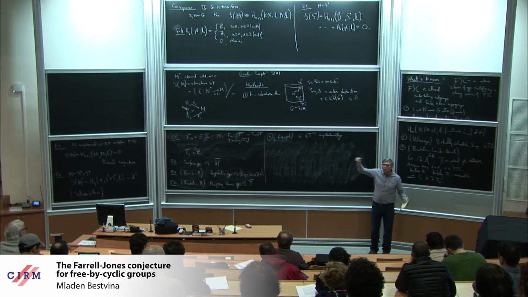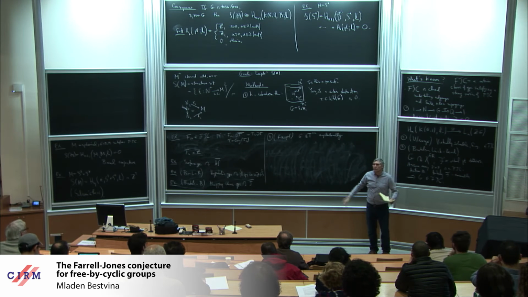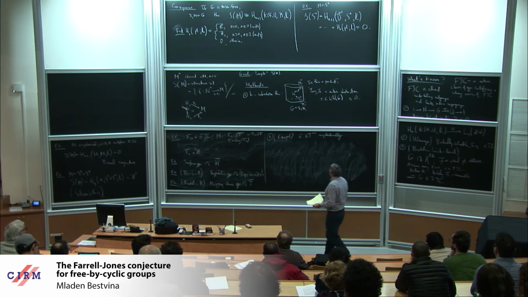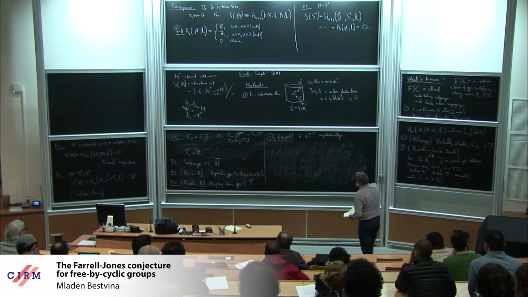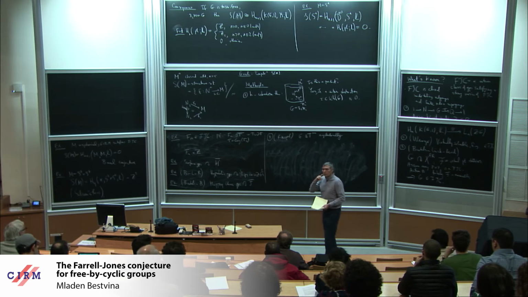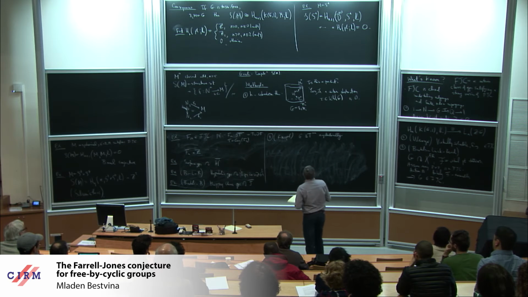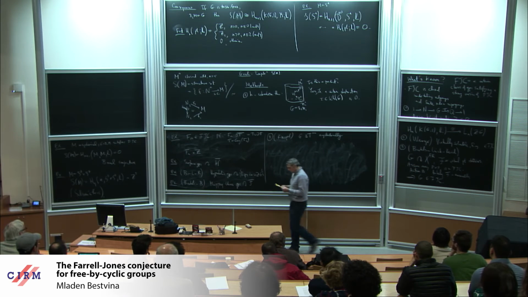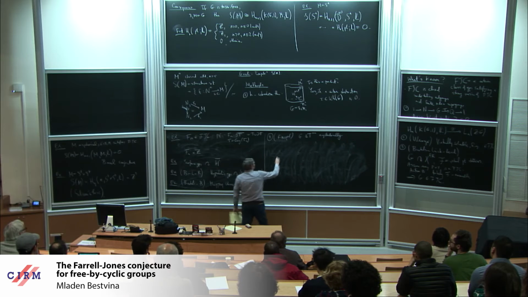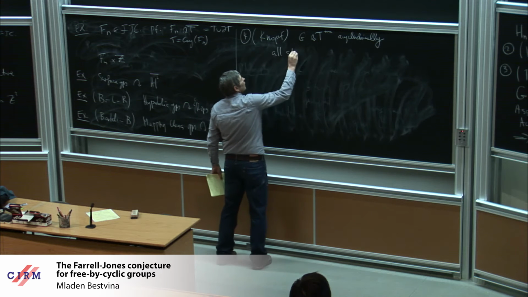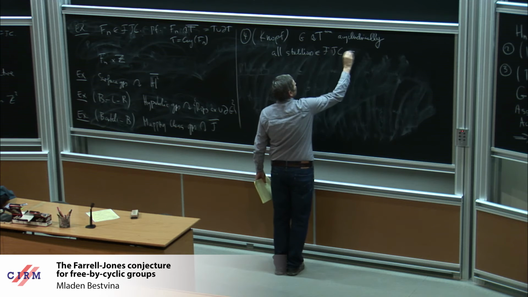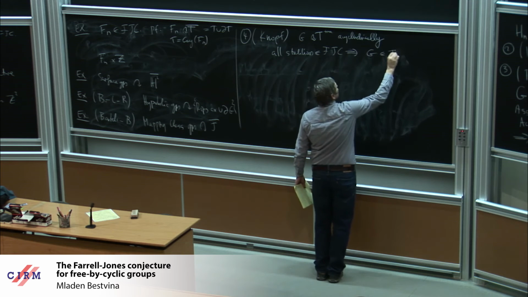If you take two points that are sufficiently far apart, then the common stabilizer is trivial. I forget who defined this. Somebody did. Anyway, it was yesterday. All right. If all stabilizers are in FJC, then in fact the group is in FJC.